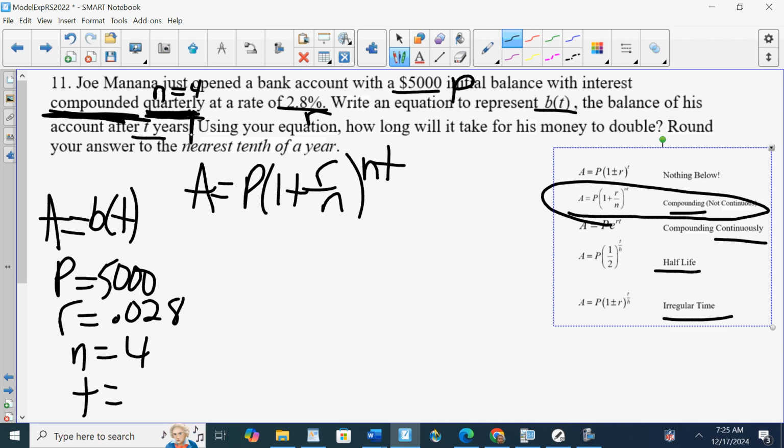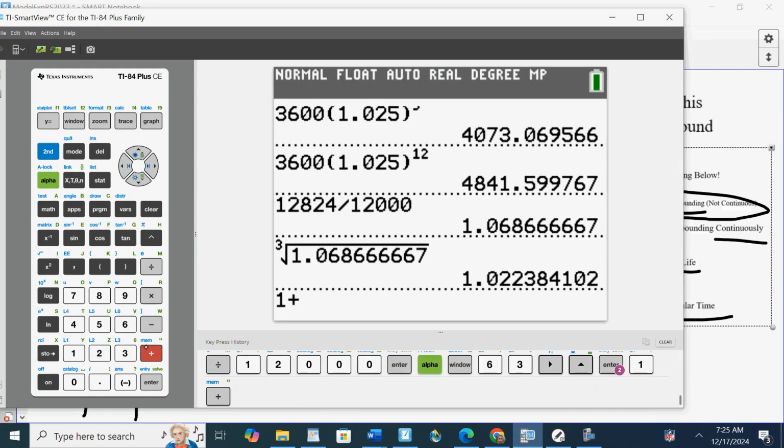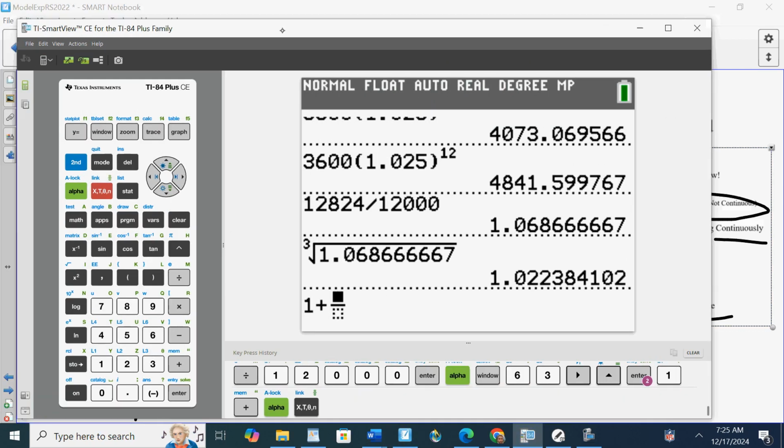Nothing after that period applies at this point. I write an equation with 2 variables. B of T equals 5,000, 1 plus 0.028 over 4 to the 4t. I like you to type what's inside the parentheses into the calculator, because that will make the algebra easier generally in the next step.